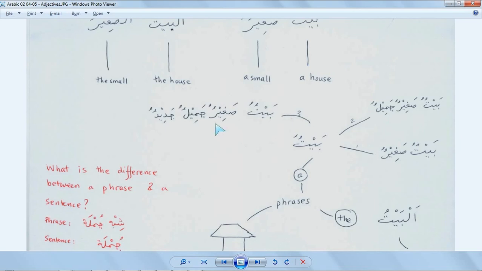If we had three adjectives, we would write baytun saghirun jamilun jadidun, a small, beautiful, new house. And the point they make in Nahmad and Haywood is when you have multiple adjectives, you don't put an and in between them. So we don't say baytun saghirun wa jamilun wa jadidun, wa being the Arabic word for and.